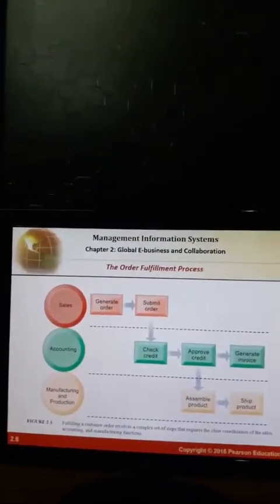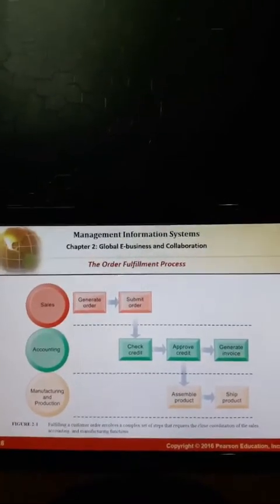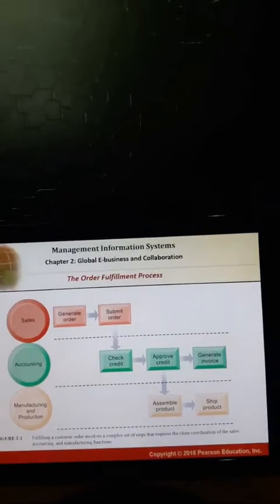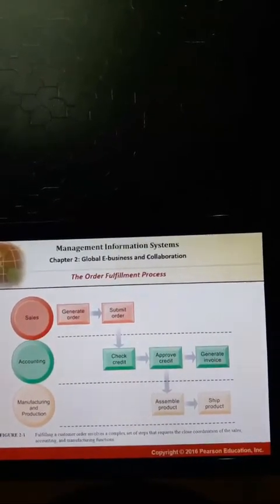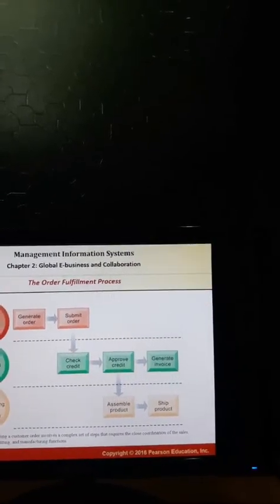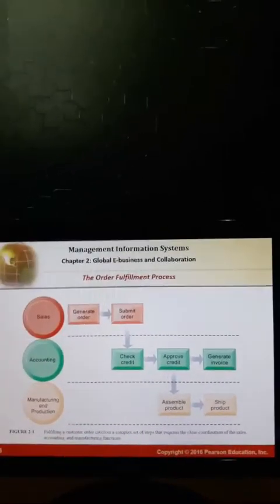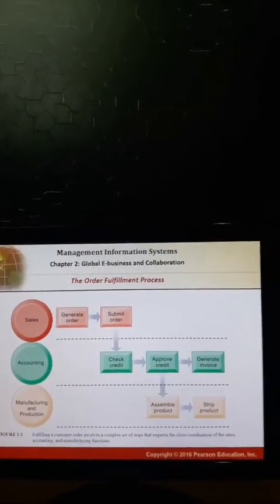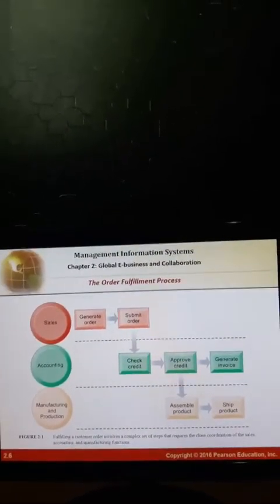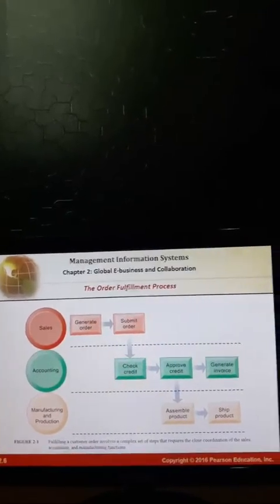Now we'll talk about the order fulfillment process of an organization. If you look at this graph, you see three departments working here: the sales department, the accounts department, and the manufacturing and production department. All these departments are working sequentially. After finishing the activities of the sales department, the accounts department needs to perform.